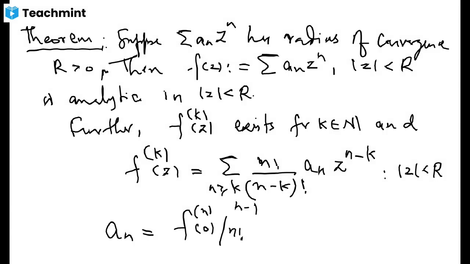And calculating this is not a difficult thing. Let me use k here also, otherwise you might have confusion of notations. You just substitute n equals k, then you will get this formula for the kth coefficient of this power series.